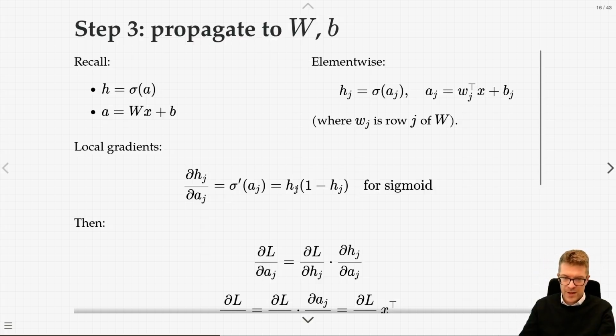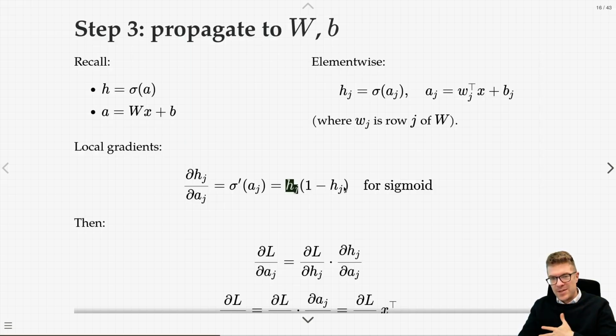It's just the thing we've computed times 1 minus the thing we've computed, and the thing we've computed is h, so it's just h sub j times 1 minus h sub j for each of these derivatives. So this is one of the reasons why people like sigmoids, because the derivative is so easy to compute, especially if I've already computed h sub j during my forward pass. When I'm doing my backward pass now and I want to accumulate all of these derivatives, I've already computed everything I needed. All I have to do is one multiplication and a subtraction.